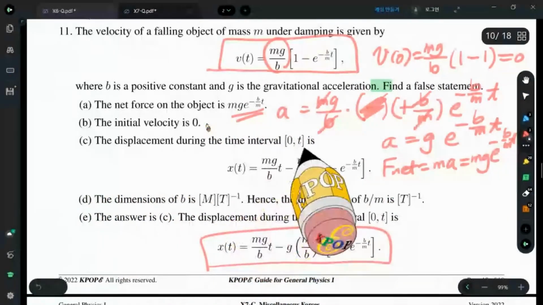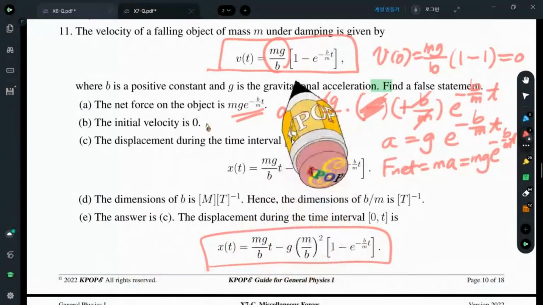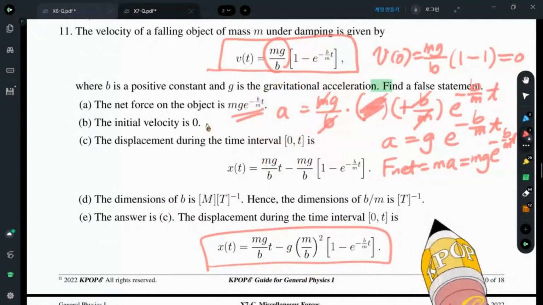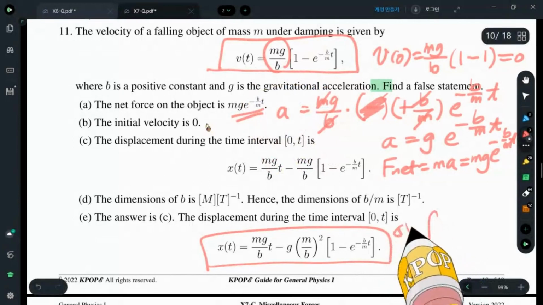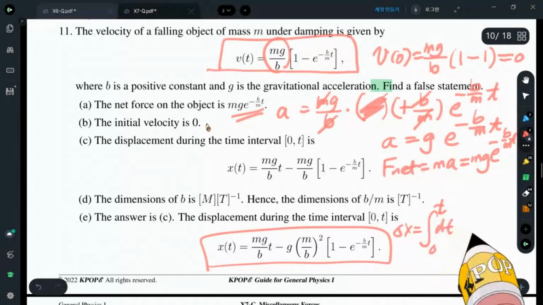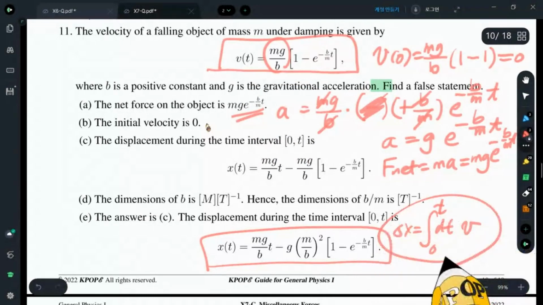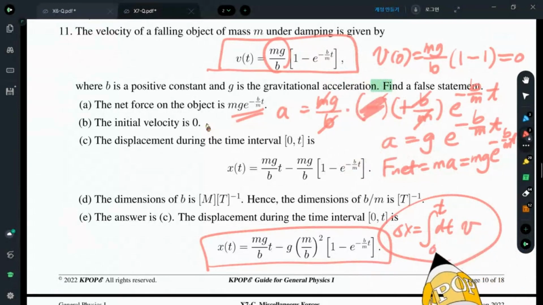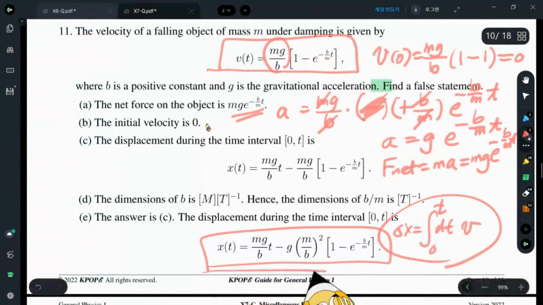What you want to do is evaluate the integral of this. Delta x equals the integral from 0 to t of v dt. If you make a definite integral from 0 to t, the answer is this.